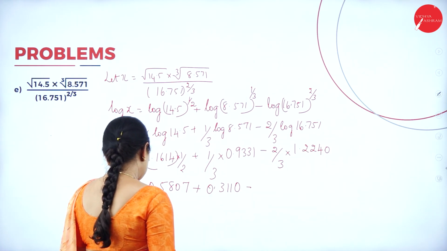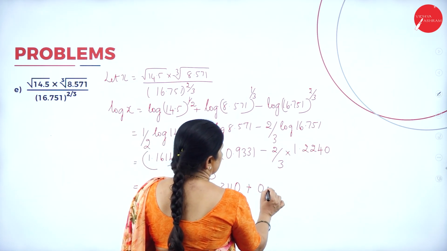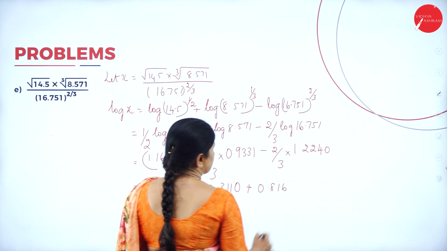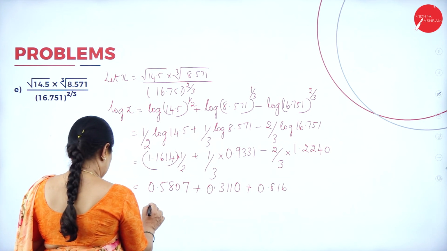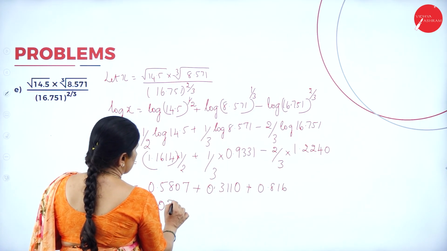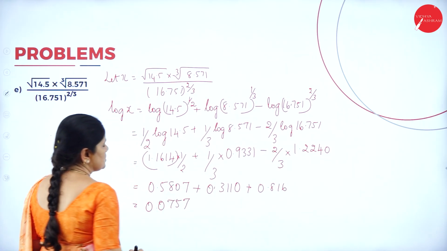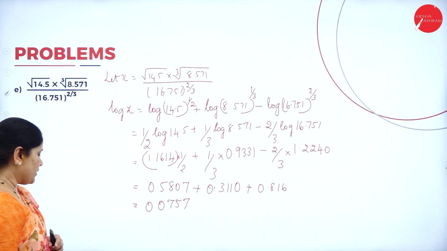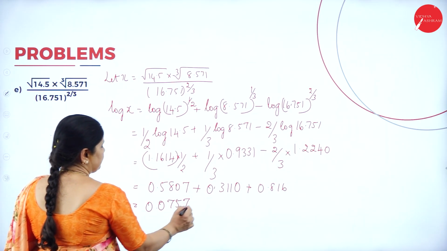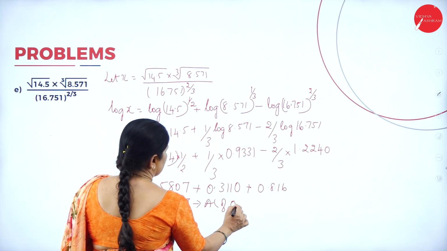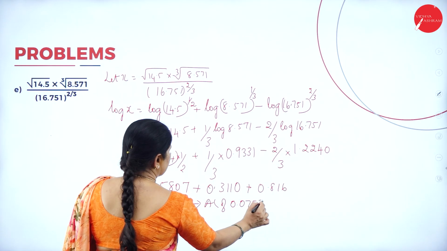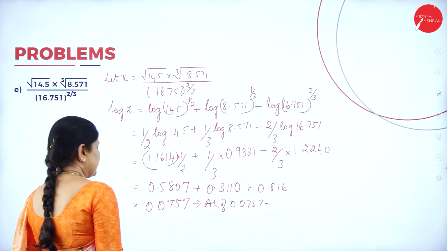So that comes up to plus 0.816. So when I simplify this further, I get 0.0757. So I have to find the anti-log of 0.0757.